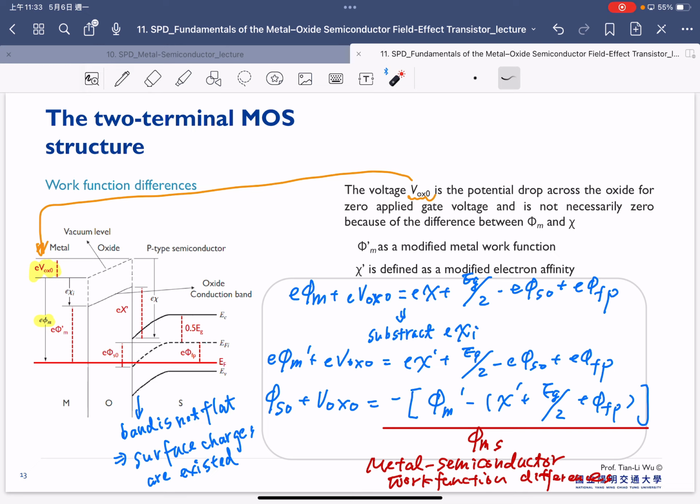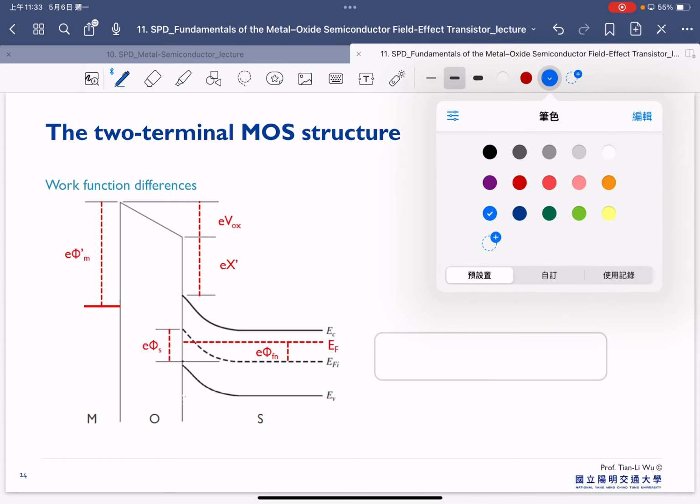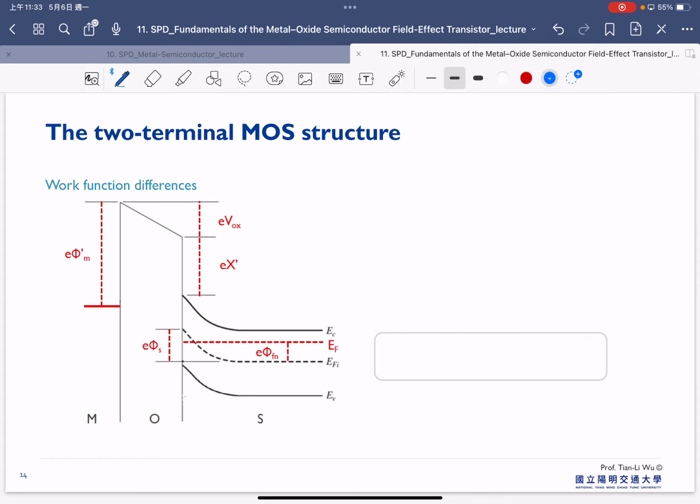So similarly, we can also estimate phi ms in the n-type semiconductor. As you see, in the case of the n-type semiconductor, we still have band bending, and our phi ms is equal to phi m minus.